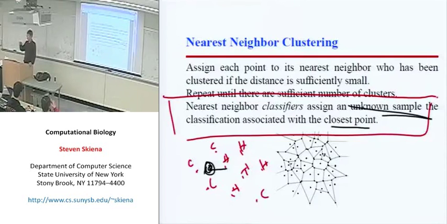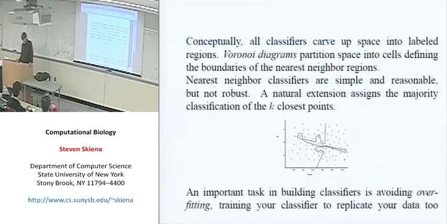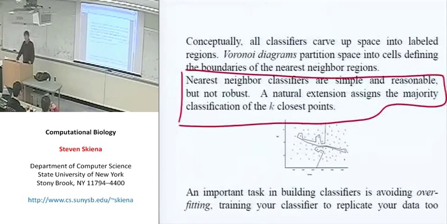Okay? The good thing about it is that it's fast and simple and easy, so long as you have labeled data. The bad thing is, it's not completely robust. Let's imagine a world where your neighborhood looked like this.